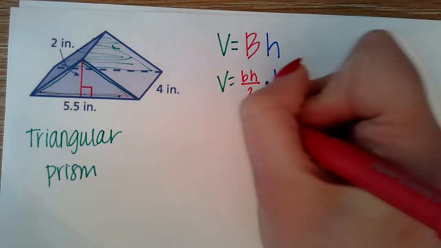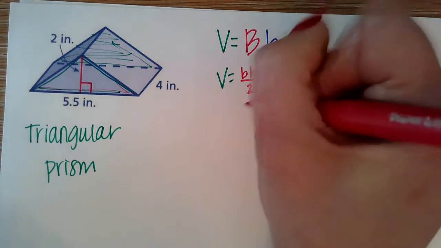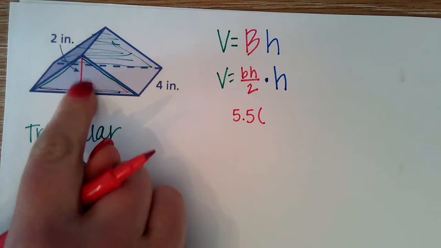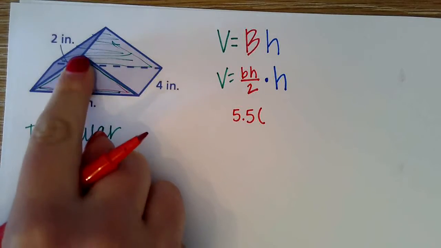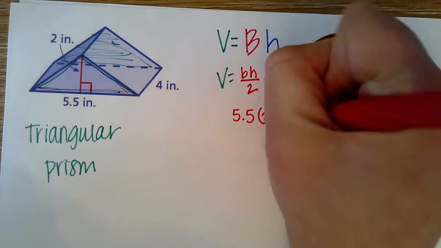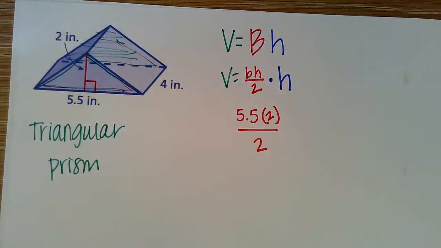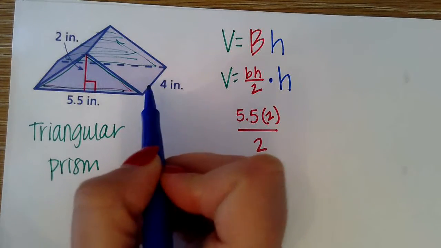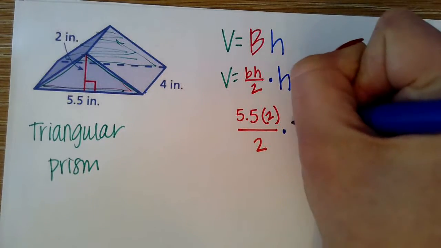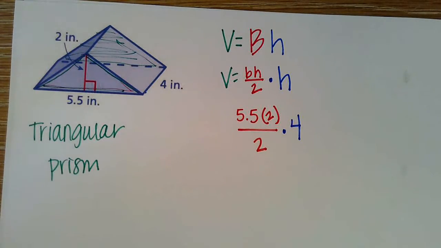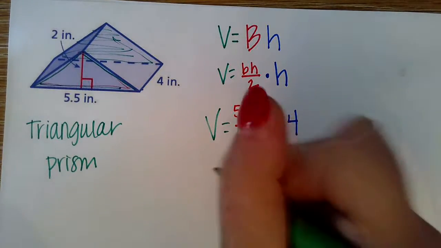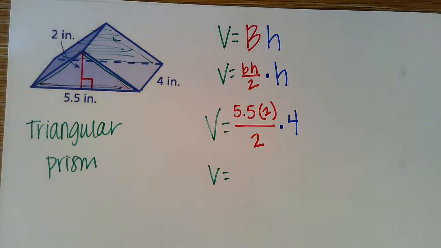Okay, so right here, I've got my base, which is 5.5, times the height of my triangle, divide all that by 2, and then I look to the base, the height. The height is the one that connects my two bases. When I multiply that all out, I'm going to go ahead and do that on my calculator.